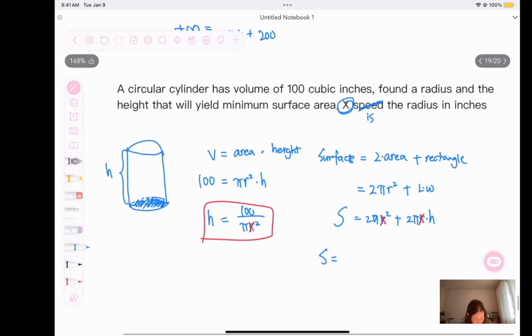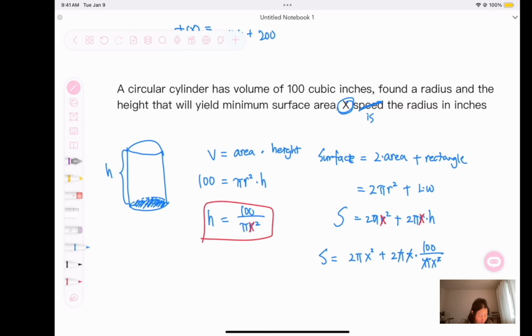I have the surface area equal to 2 pi x squared plus 2 pi x times 100 divided by pi x squared. Simplify it. Pi and pi cancel, x and x cancel. We have 2 pi x squared plus 100 times 2, which is 200, over x. You can find the common denominator.